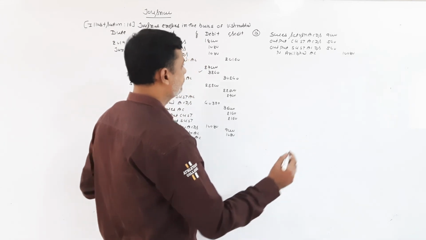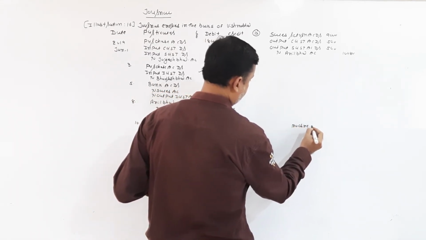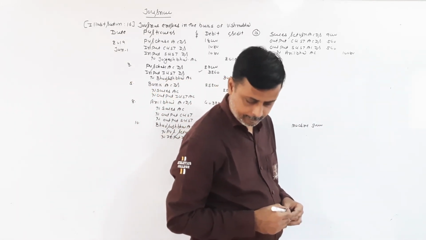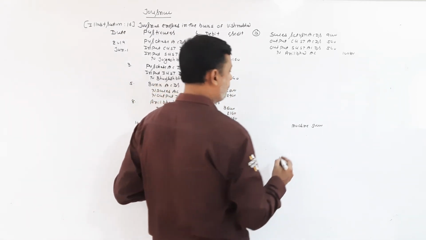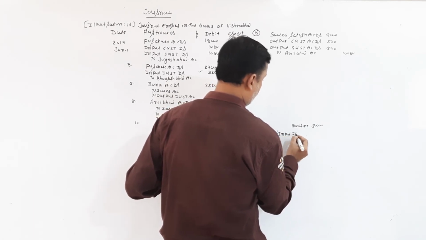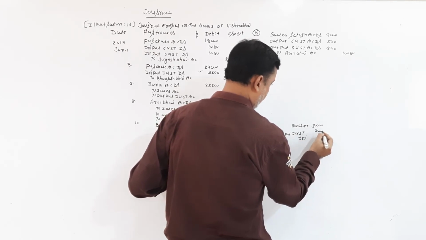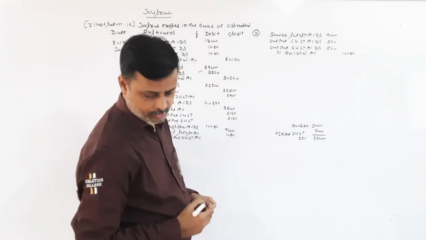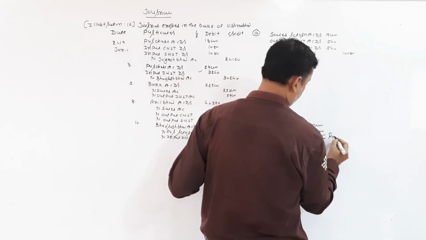Machine 50,000 purchased from Ram and Sons. Input IGST 12%, 6,000. So 56,000 purchased from Ram and Sons.